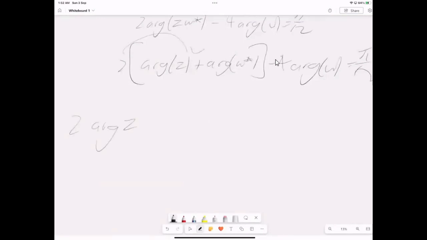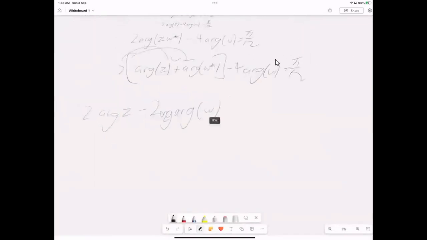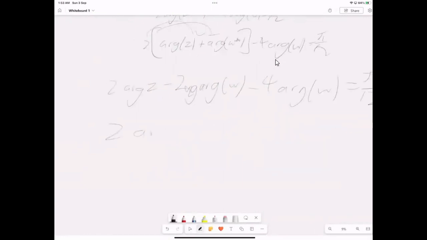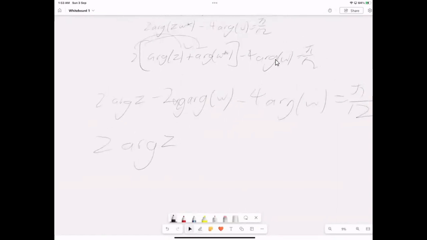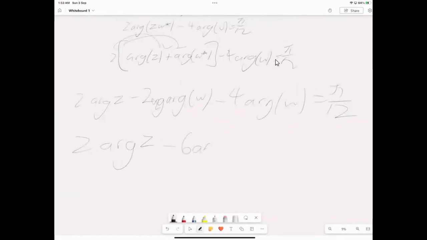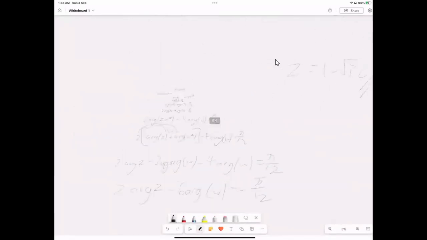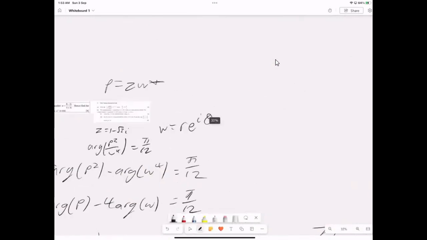Here, the argument of w conjugate is just the negative of the argument of w, because I've already explained earlier why. So 2 arg z minus 6 arg w equals π over 12. Now let's find the argument of z, because z is 1 minus square root 3 i.